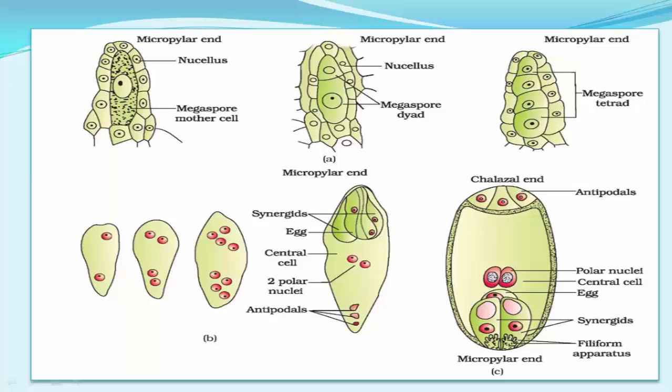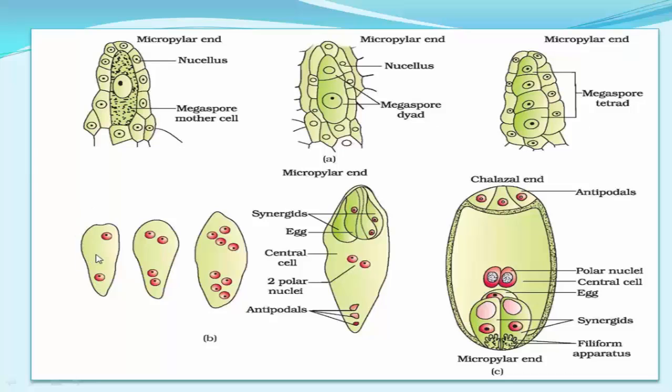In this case, only one cell of the megaspore tetrad becomes functional and gives rise to the formation of the female gametophyte or embryo sac. Hence, the development is monosporic. Then what happens?